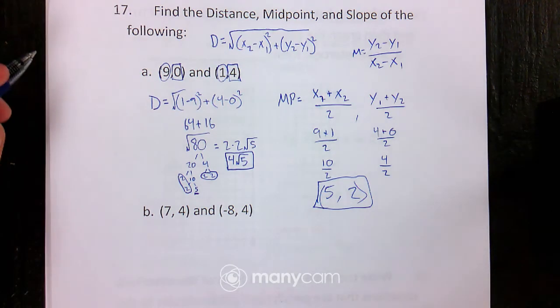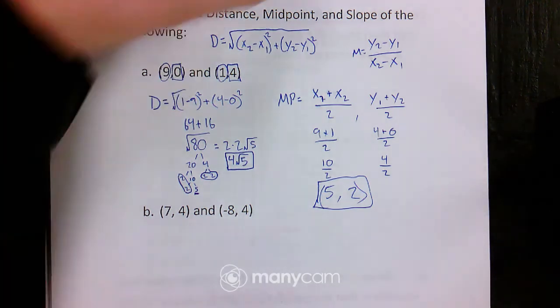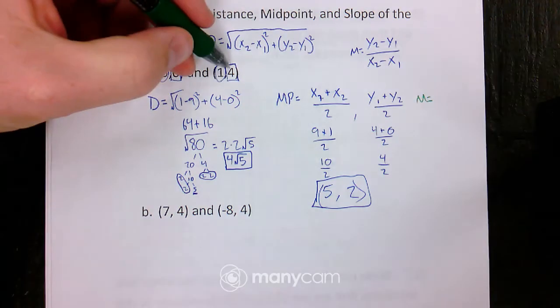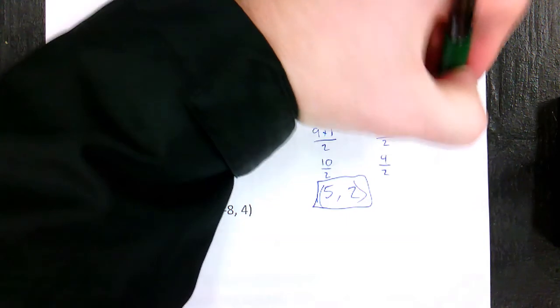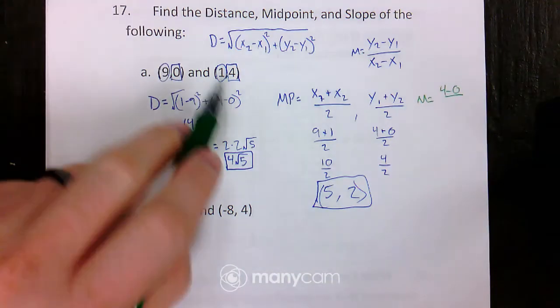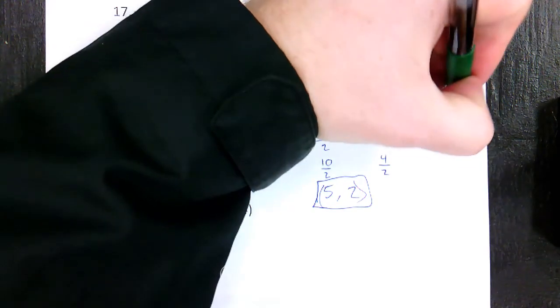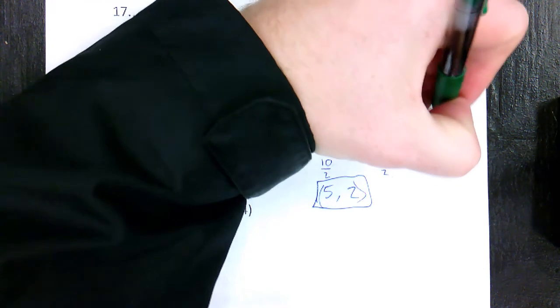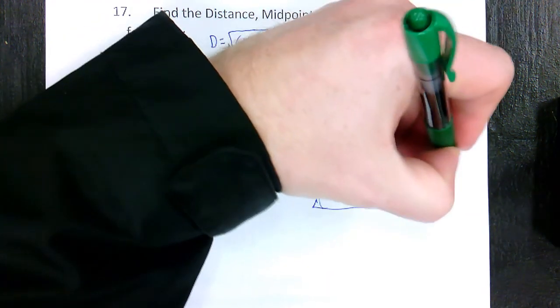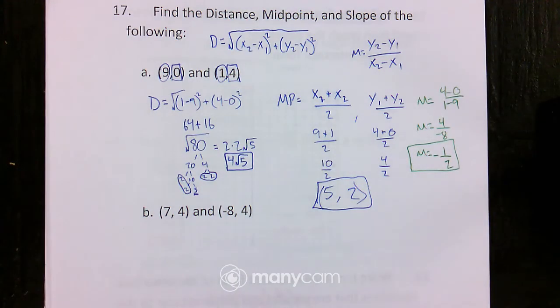Let me do another color so it's a little different for you. Y2 is 4, y1 is 0, so it's 4 minus 0 over 1 minus 9. m equals 4 over negative 8, or negative 1/2, would be my answer.